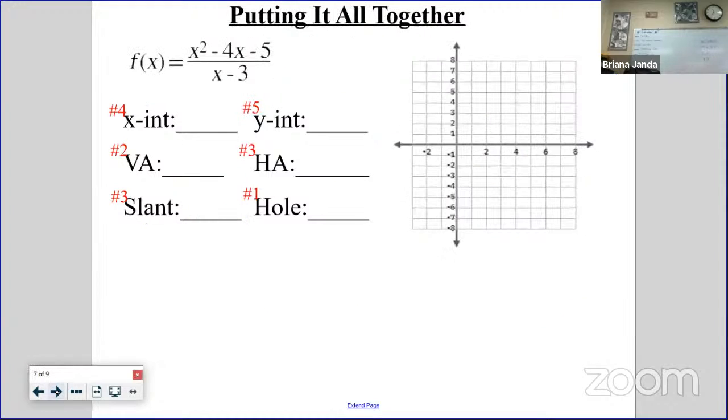Maybe, there we go. Function: x squared minus 4x minus 5 over x minus 3. Okay, we're going to start with our factoring to see if we have a hole in this graph.